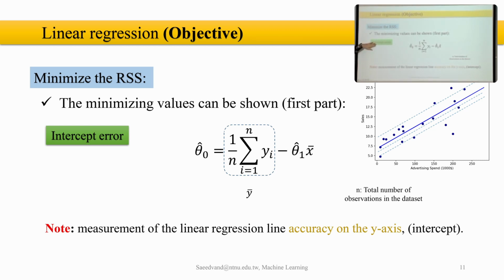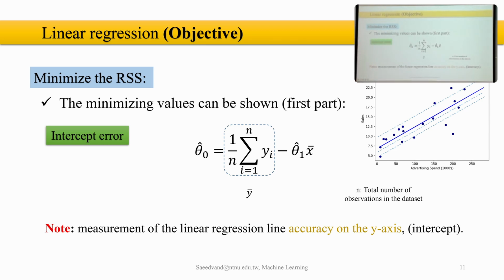So this equation has been defined for the intercept error. I also can show this with y bar. Don't mix y bar with y hat: y hat is the prediction, y bar is the average. Here we have n as the total number of observations in the data set.